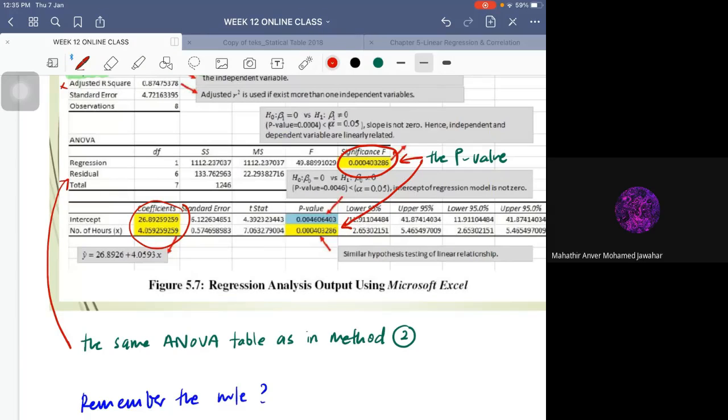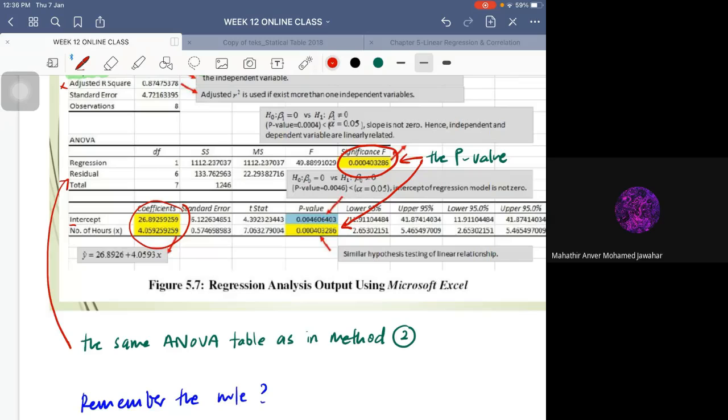Does that mean you can simply put the values into your calculator and write that beta 1 equals this value? The answer is no. You still have to do the calculation, but you can check whether your value is correct or wrong using your calculator, because not all calculators are capable of doing that. We don't know what calculator you are using, so just to be fair to everyone, you still have to do the calculation by hand, but you can check the value using your calculator.